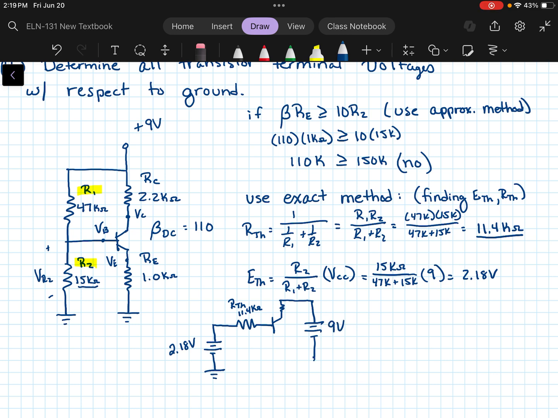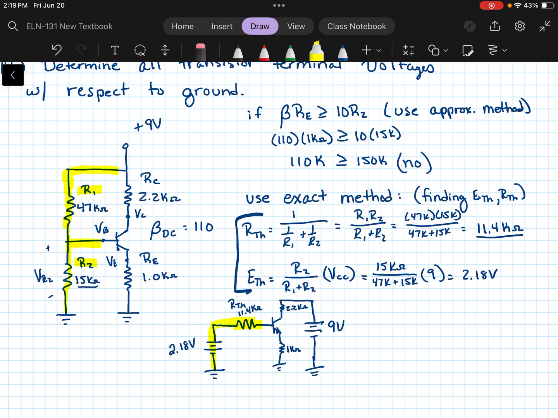So here's the 9 volts that we applied before. Here is the 2.2K ohm resistor here. And then, of course, we have RE, which is 1 kilo ohm. And so what we do when we use the exact method, we are simply replacing our voltage divider over here with something that's a little easier for us to work with and gives us a little more exact numbers.